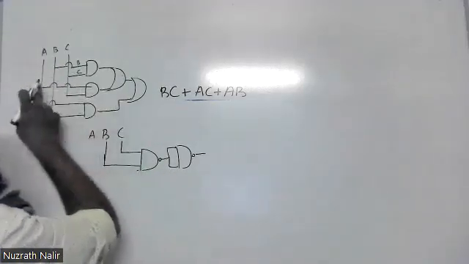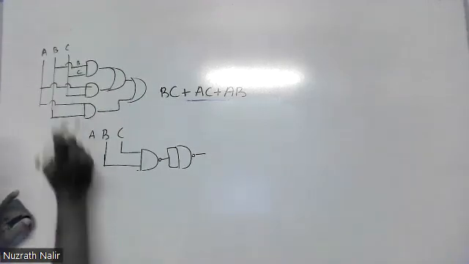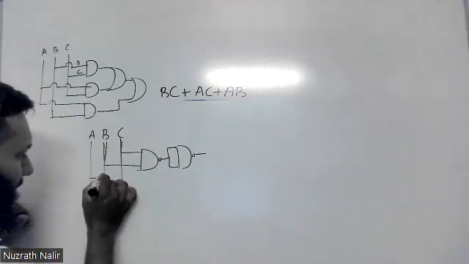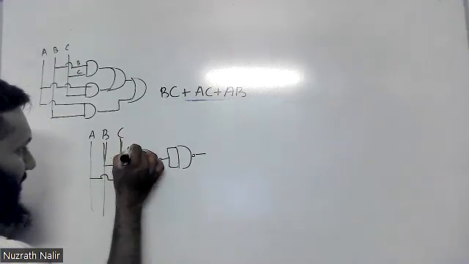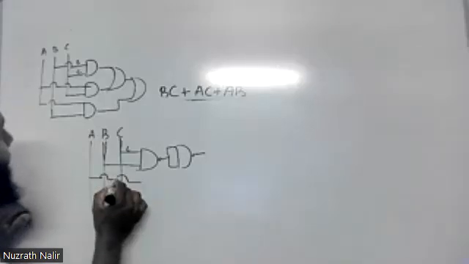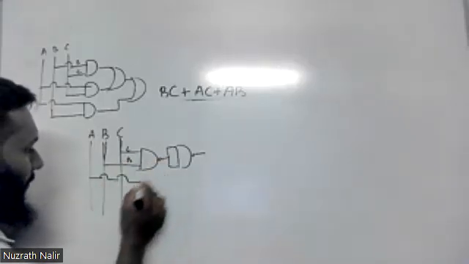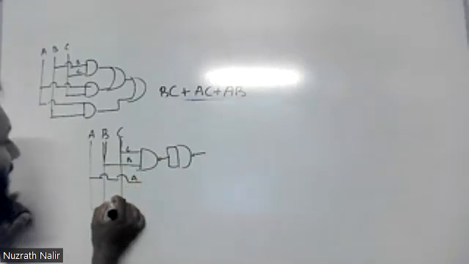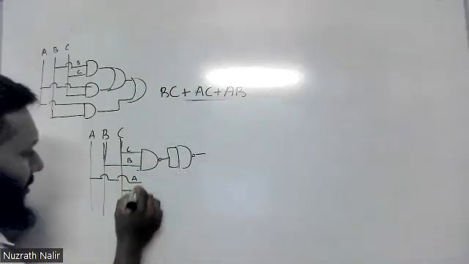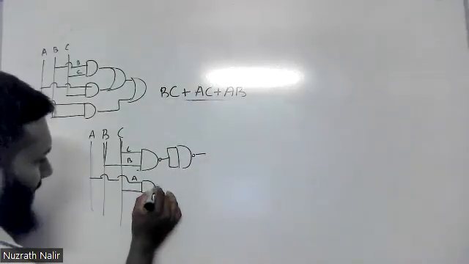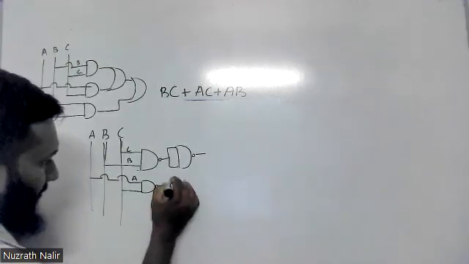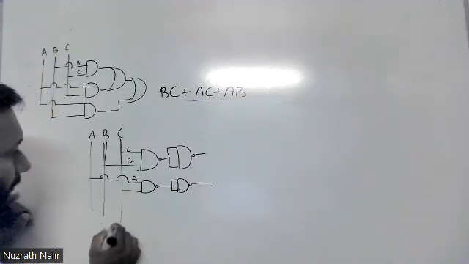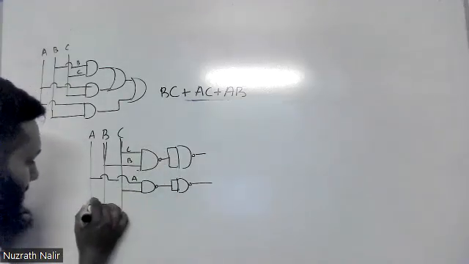The second one, A is there, C is there. So this is C, this is B. And for this A and C, the same answer. And for this AB.